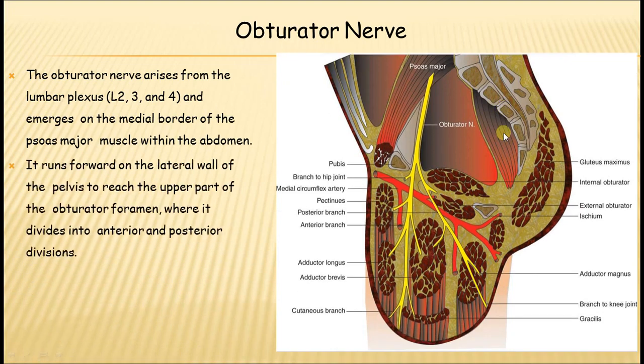Then it runs along the lateral wall of the pelvis, and in the upper part of the obturator foramen, it divides into an anterior and a posterior division.